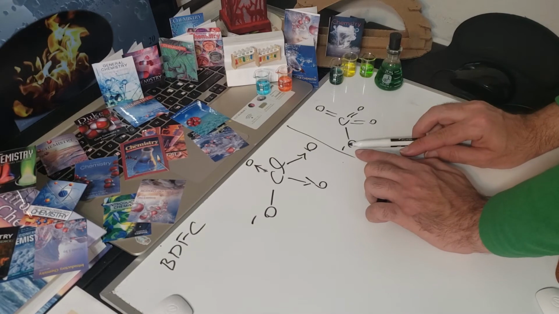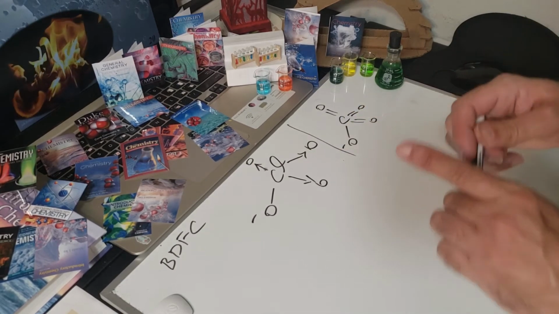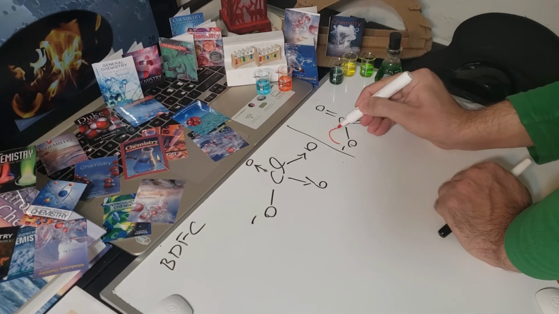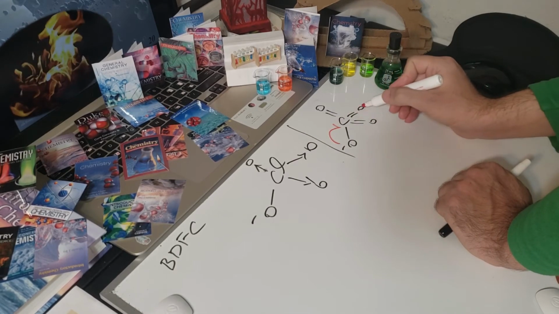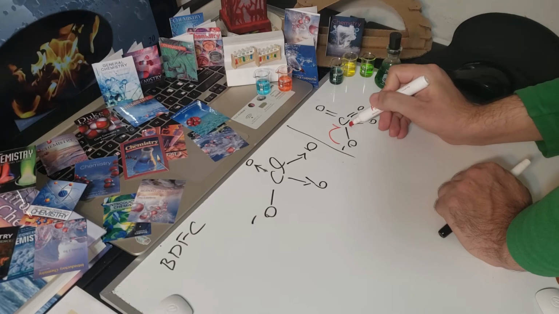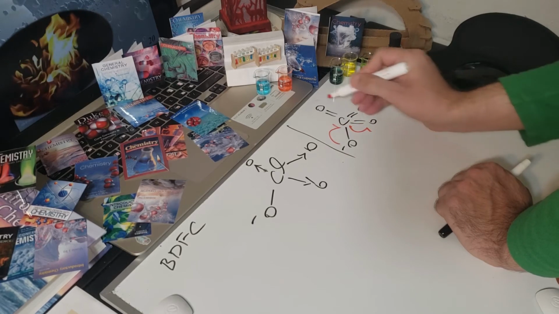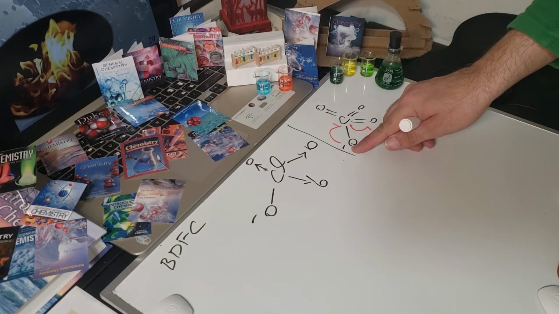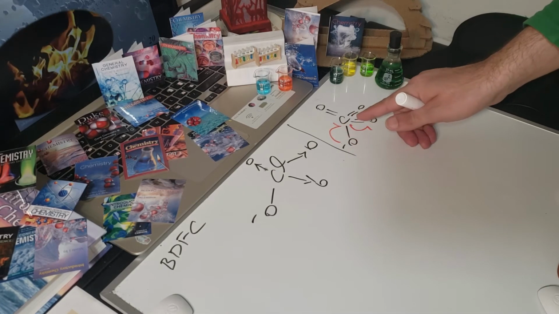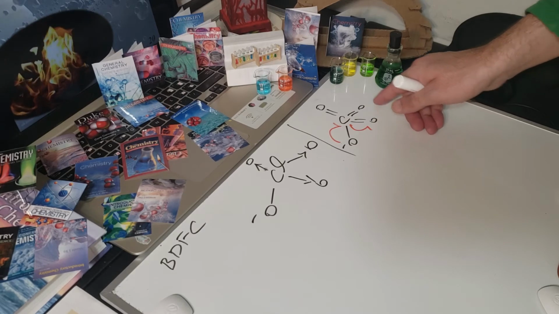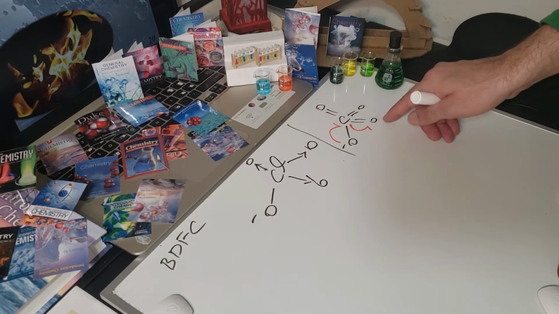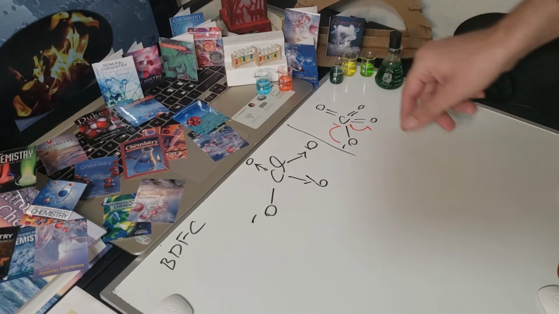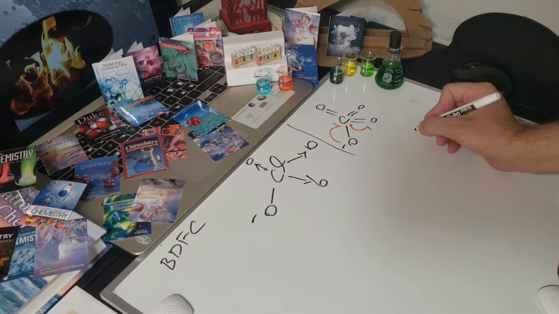You could have this negative charge moving to the center, and there are 3 paths to continue from there, either on this bond, on this bond, or on this bond. Let's do it on this one, and then I repeat it on the second and on the third one as well. As you do so, you make the oxygen neutral and also a double bond here, and the terminal oxygen, whether it's this or this or this, becomes negative, and the double bond goes away, so you remain as a negative.